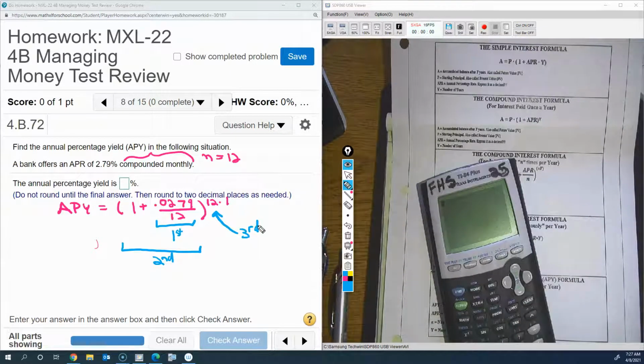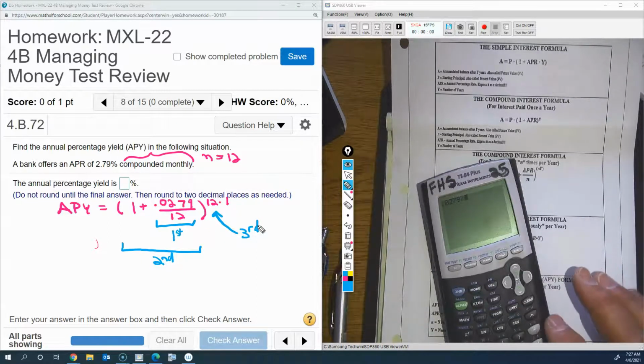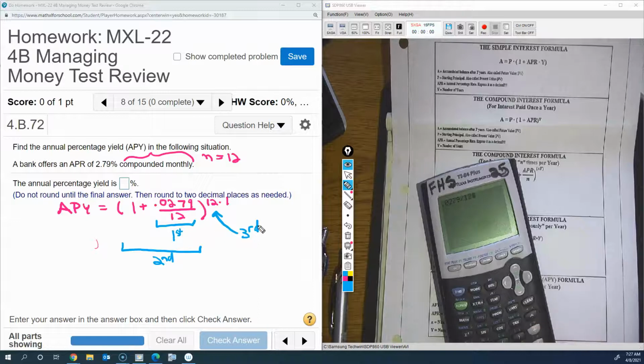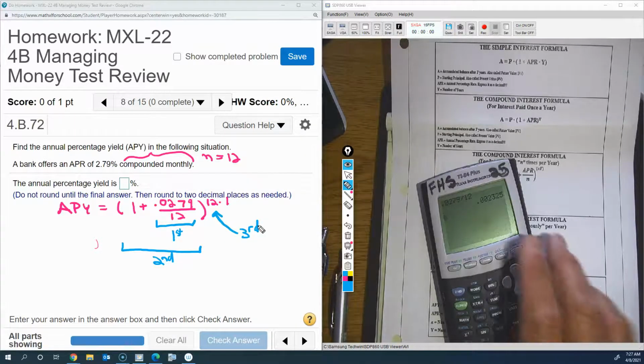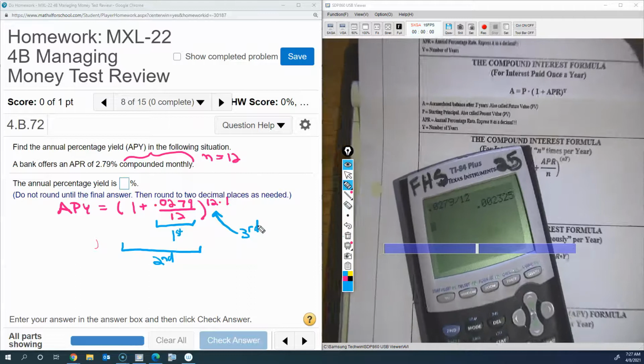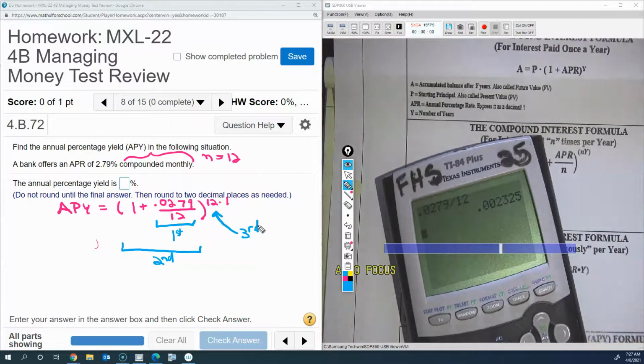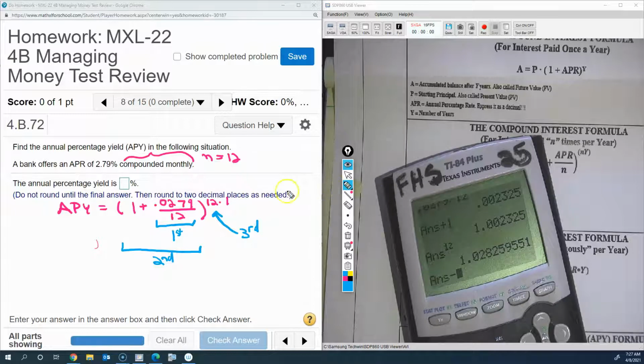So let's see, 0.0279 divided by 12. Okay, then plus 1. And then exponent 12 times 1, which is just 12. And then subtract, whoops, I left one thing out here.